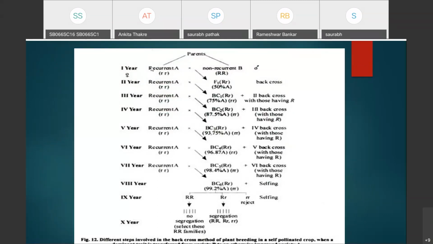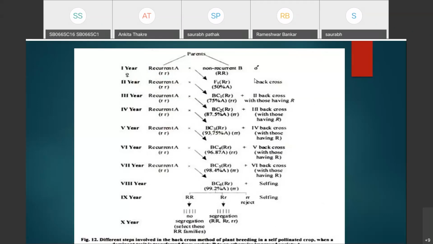This A variety has all the good characters but lacks disease resistance. Suppose the character to be transferred from the donor plant into the recipient parent is disease resistance.